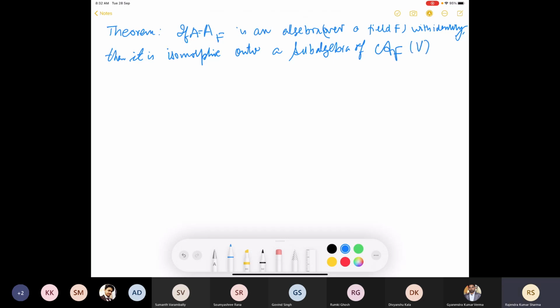What is A_F(V)? A_F(V) is the algebra of all linear transformations of V. So we prove this.